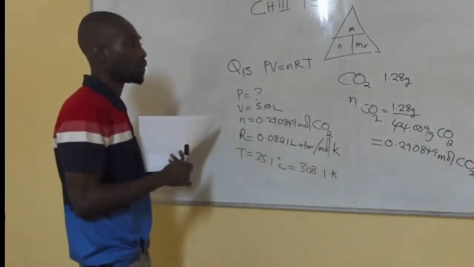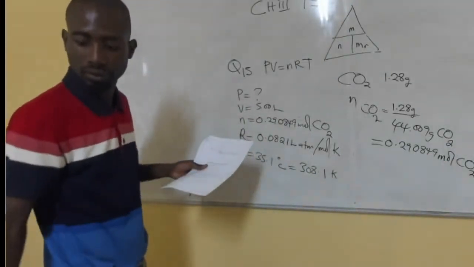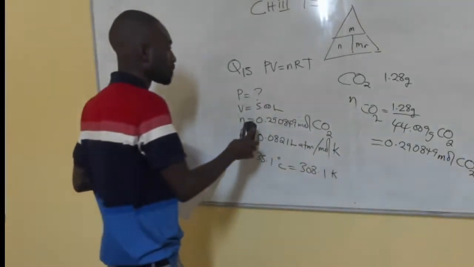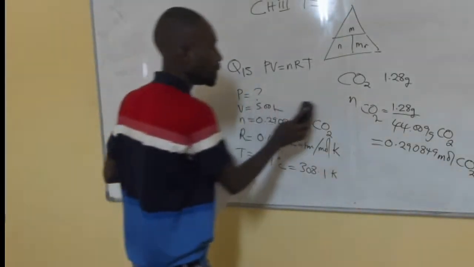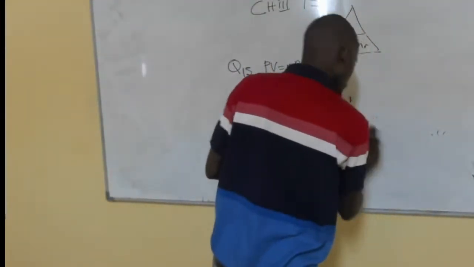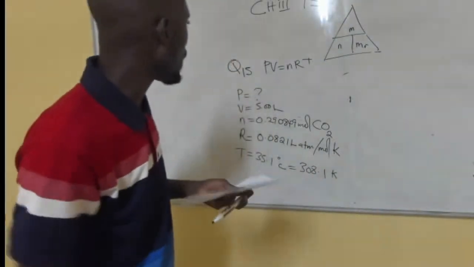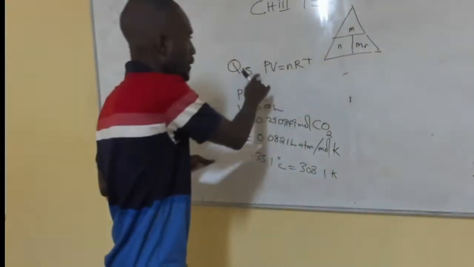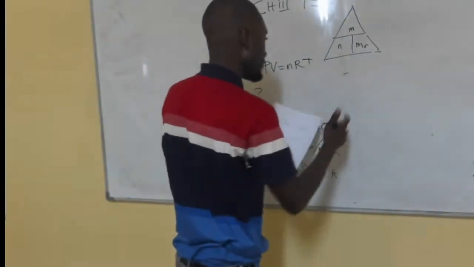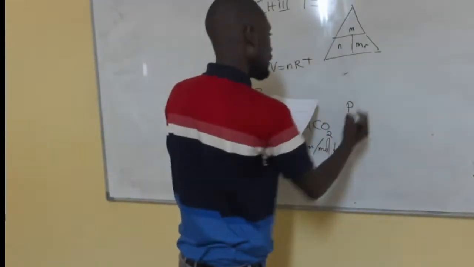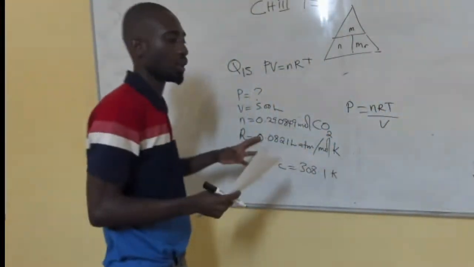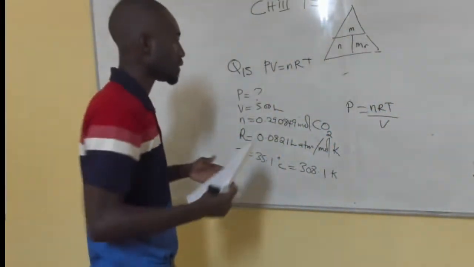Now it's a matter of solving and coming up with the values that would make much sense. Of course, we are looking for pressure. So in this case, we are going to say P equals nRT over V.